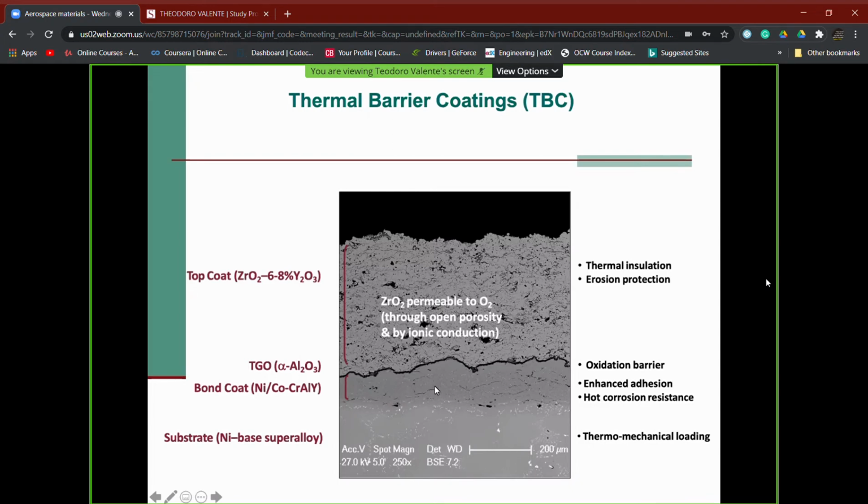So we change the fabrication technology of the bond coat with respect to the top coat, still being inside the thermal spray processes, but looking to HVOF and not to plasma spray.